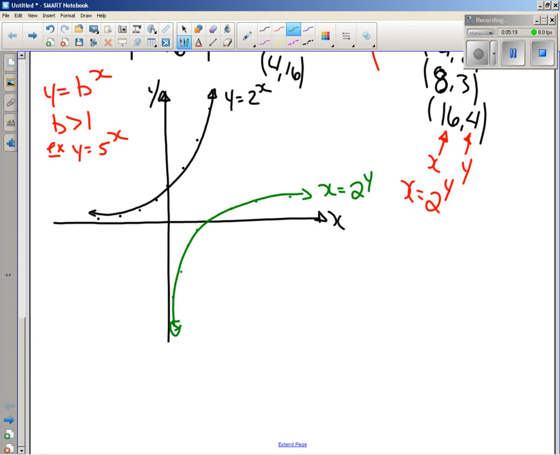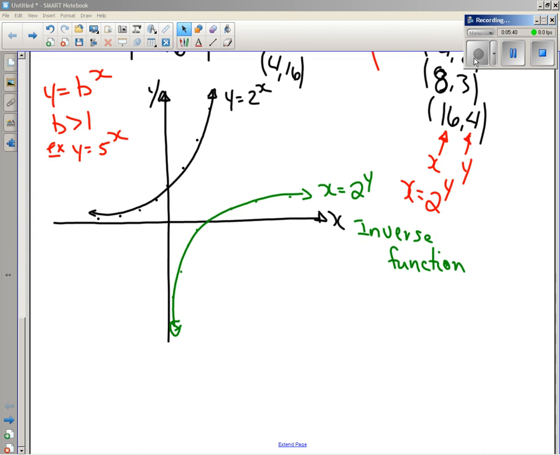Okay, and here's our inverse function for 2 to the power x. And again, the inverse function will have the same shape for all of them when b is greater than 1.